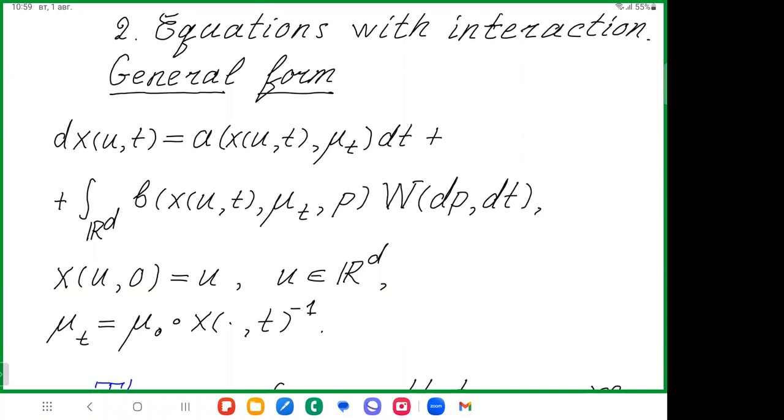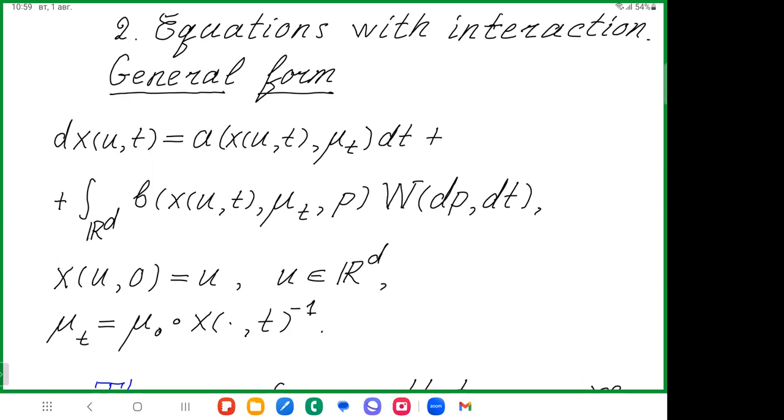And we start from every point of the space, x^u(0) equal to u belonging to R^d, and mu_t is an image of the initial mass distribution under the mapping x_t. So mu_t is a mass distribution of all particles at the time t.